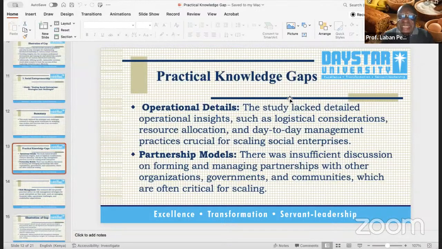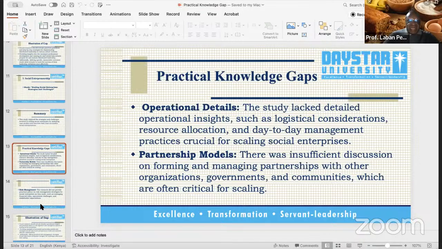The study lacked detailed operational insights, such as logistical considerations, resource allocation, and day-to-day management practices, crucial for scaling social enterprises. Partnership models: there was insufficient discussion on forming and managing partnerships with other organizations, governments, and communities, which are often critical for scaling.